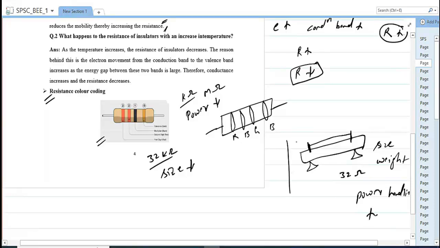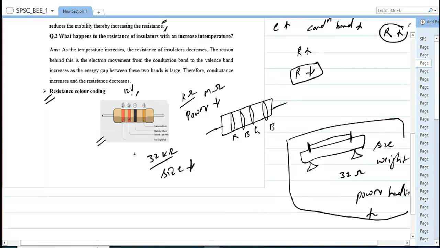So these types of resistances are known as high power resistances. They are used for high voltage applications, and these are the low power resistances, used up to DC circuits, 12 volt, 10 volt, 50 volt, and for a very small amount of power.